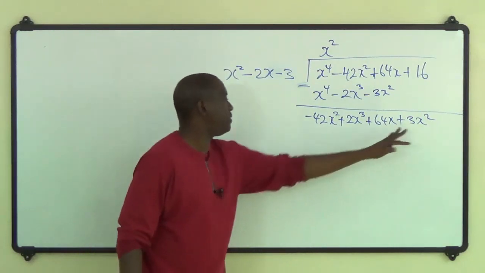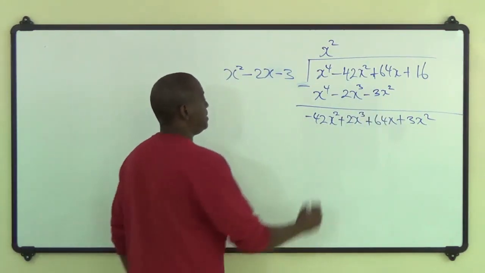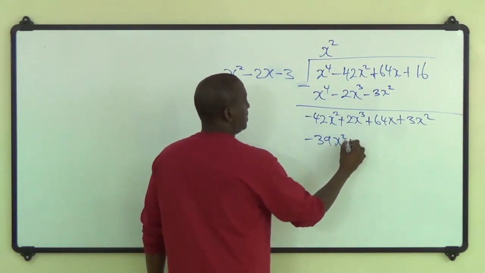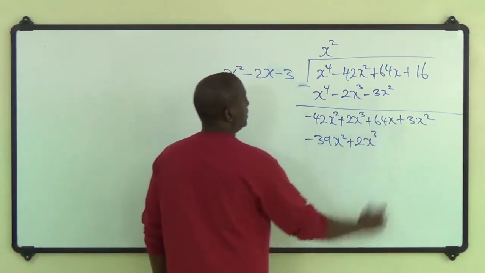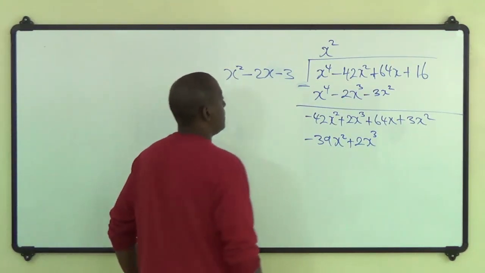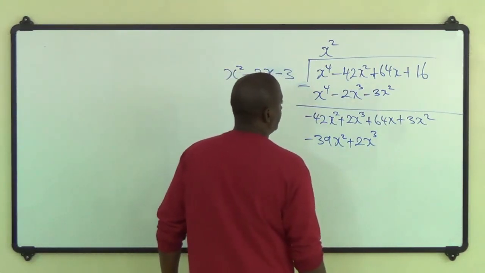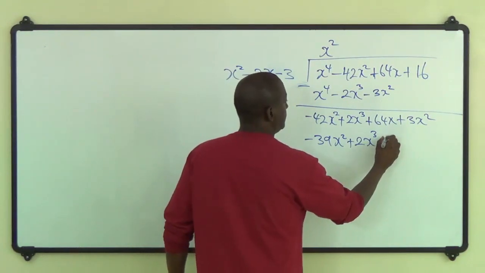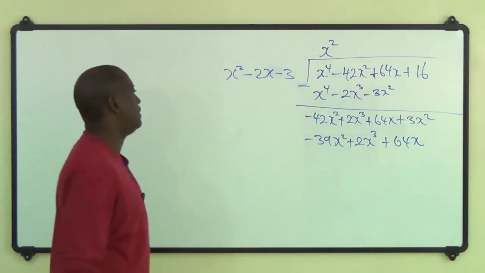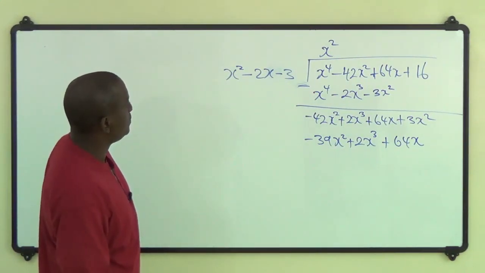So minus 42x squared plus 3x squared is how much? Minus 39x squared. This is plus 2x cubed. Plus 64x. We only have 2x cubed there, right?